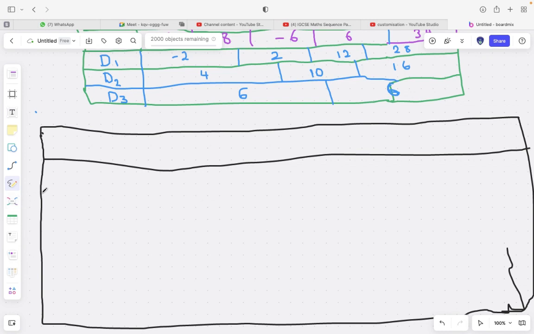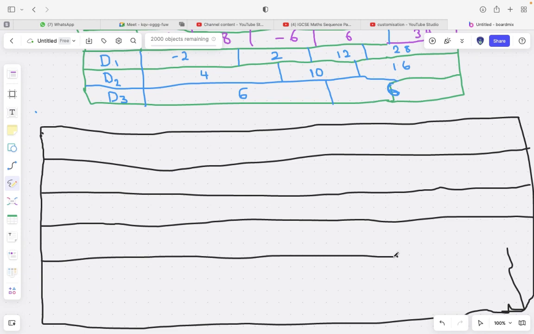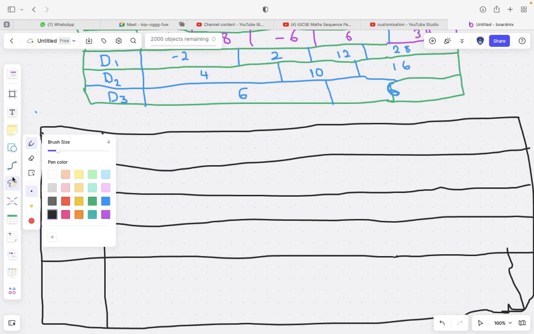Okay, here will be for first level difference, here will be for second level difference, and the last one will be for third level difference. Okay, let's write with maybe pink or blue.